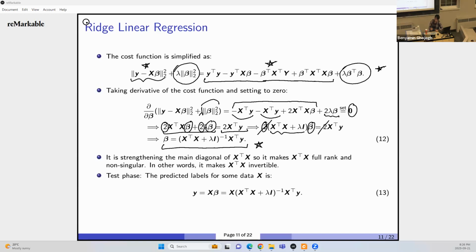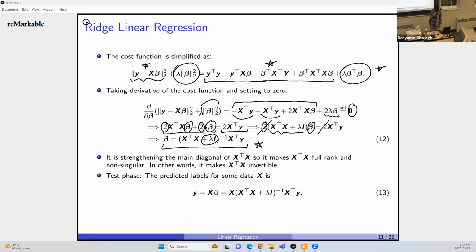It became X transpose X plus lambda I inverse X transpose Y. So this plus lambda I is added. Okay? As expected, because lambda was the weight for the regularization. If you set lambda to 0, it should become like simple linear regression, as expected. Right? Okay.